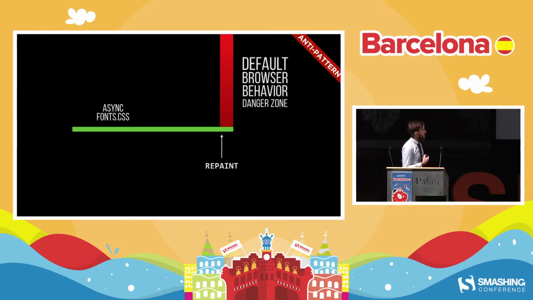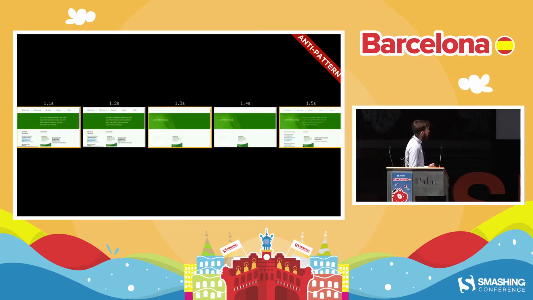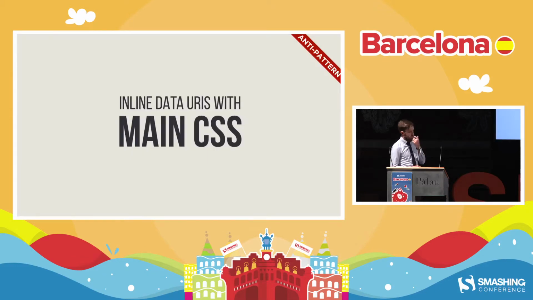We saw a little sliver of this default browser behavior danger zone where it would actually repaint with the default browser behavior. And this is what it kind of looked like in our WebPageTest film strip. You can see that on the left, the fallback fonts have rendered successfully. And then we had a 200 millisecond invisible text situation while, I think, the data URIs were parsing. So that didn't work quite as well as we wanted.